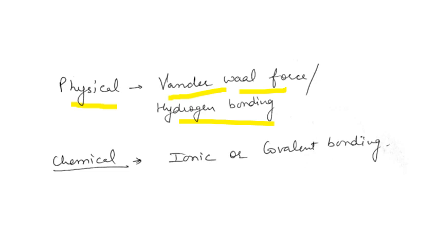And it can be chemical, and that is the stronger force of attraction. It can be in the form of ionic, cationic or anionic attraction, as well as covalent bonding involving the sharing of electrons towards the attraction.